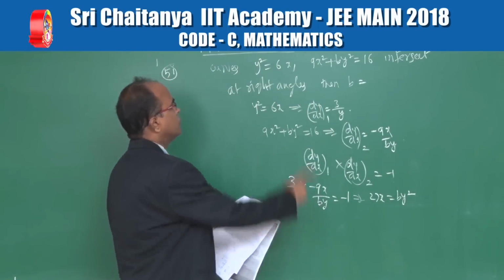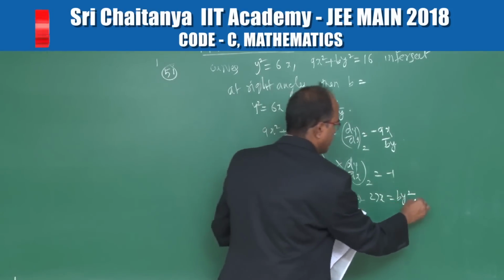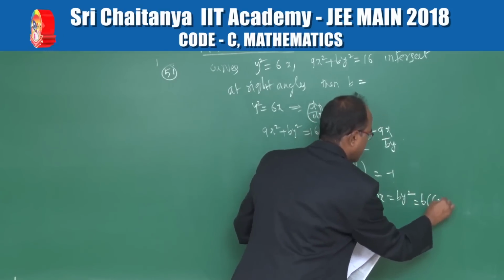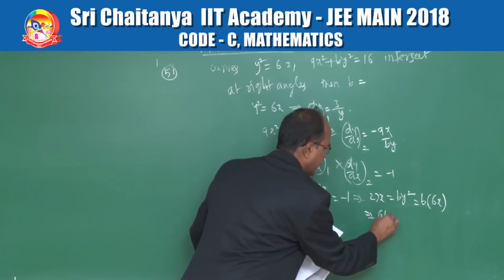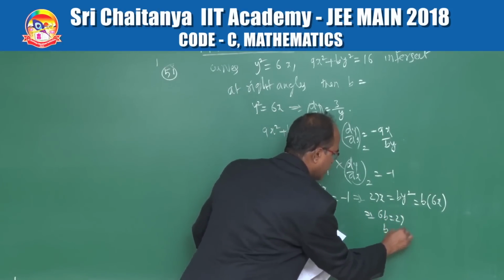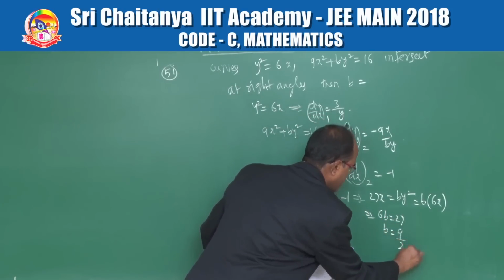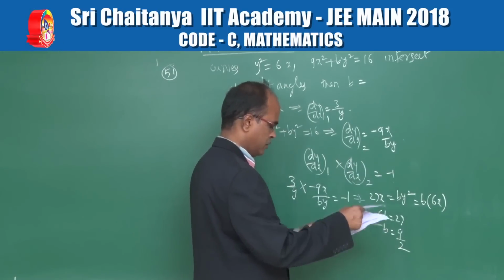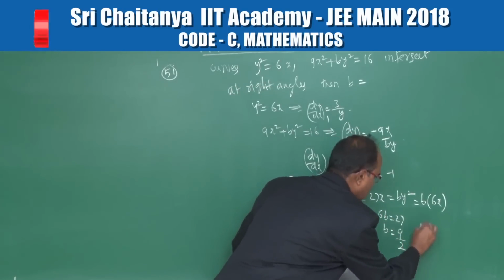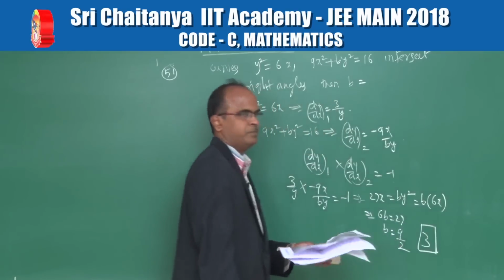But we also know y square is 6x, therefore it becomes b into 6x, giving you 6b is 27, hence b is 9 by 2, and therefore the option in this case will be option 3.